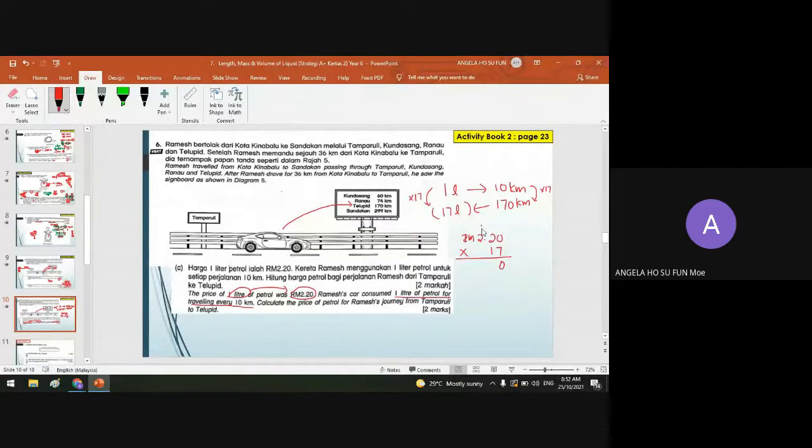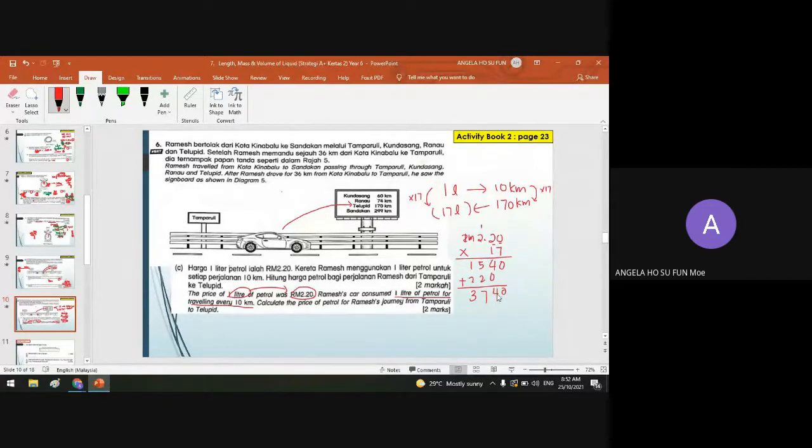7 times 4 is 28, 7 times 2 is 14, plus 1 is 15... 1 times 2 is 2, and 1 times 2 also 2. Plus together 0, 4, 5 plus 2 is 7. 2 plus 1 is 3. 1 decimal point, 2 places.